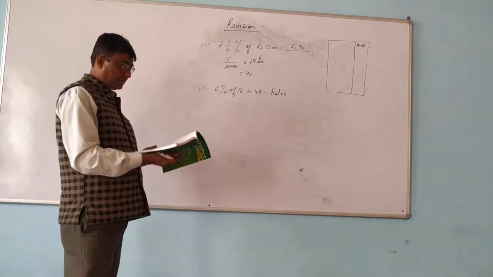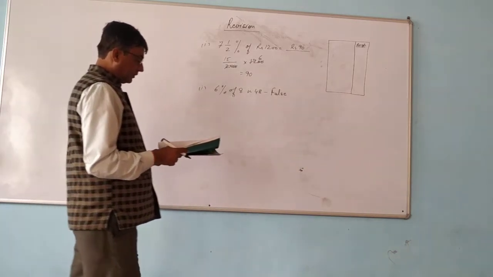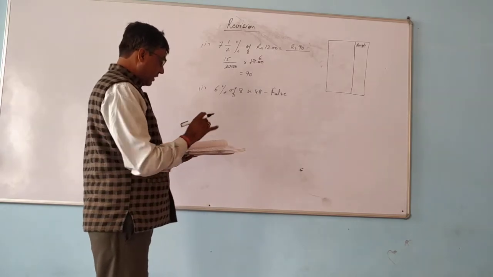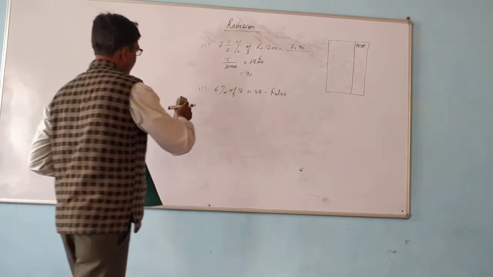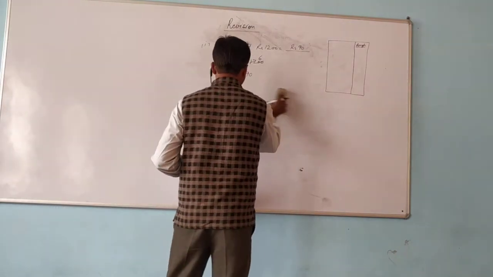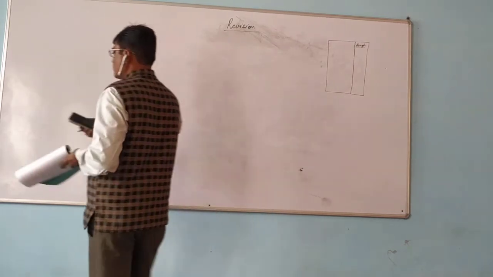Then in the same conditions we are coming to mark tick against the correct answer in each of the following. We will start again. Everywhere in mathematics, without solving you won't be able to do anything. You have to solve it.